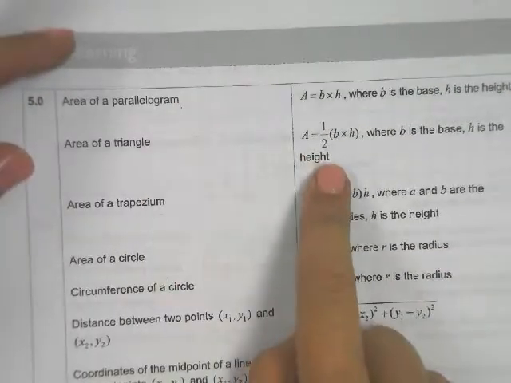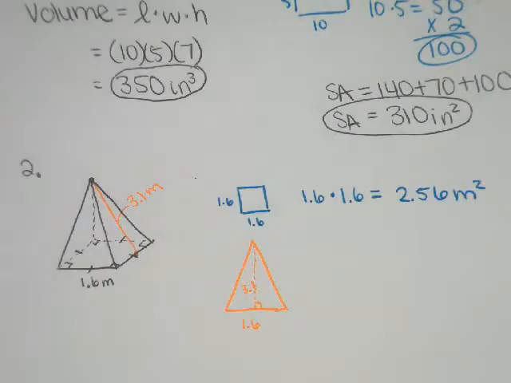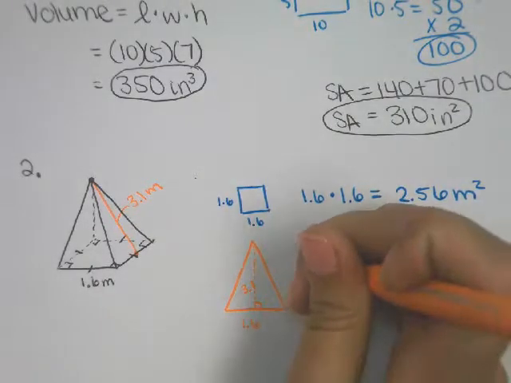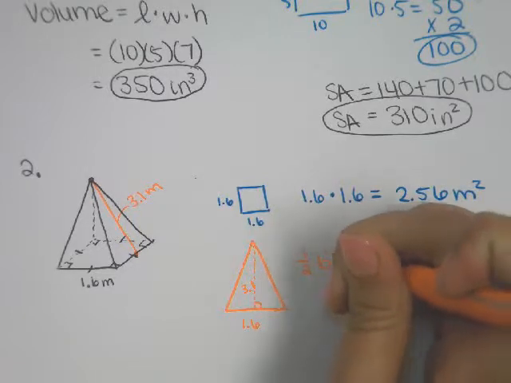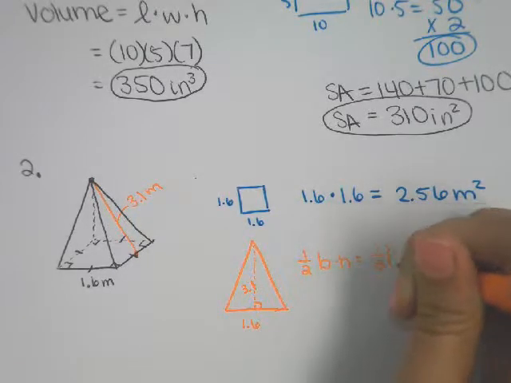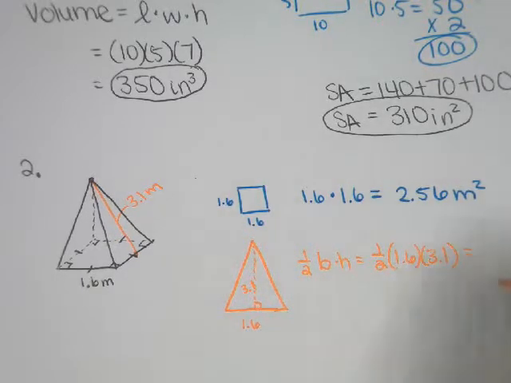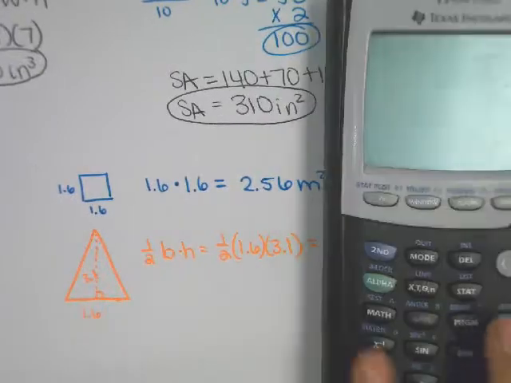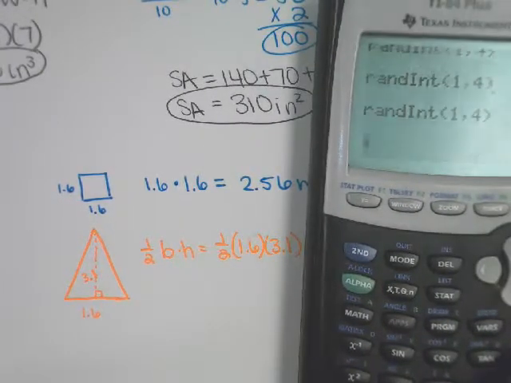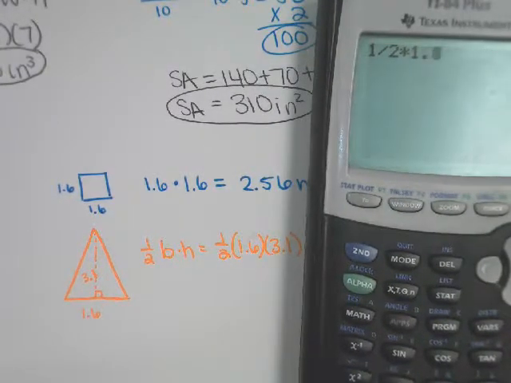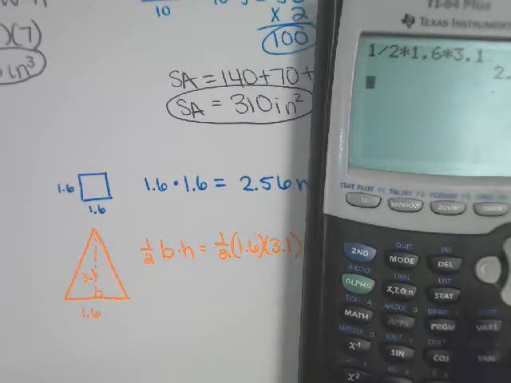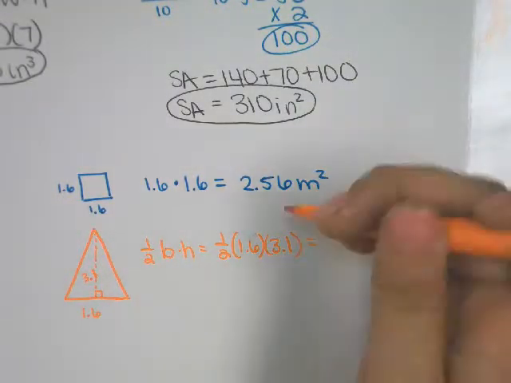Under prior learning, area of a triangle is 1/2 base times height. So this triangle is 1/2 base times height. Our base is 1.6, our height is 3.1. We multiply those. 1/2 times 1.6 times 3.1 is 2.48.